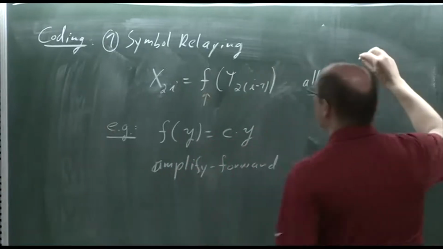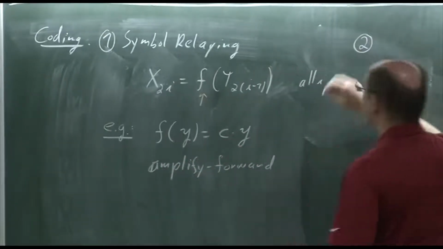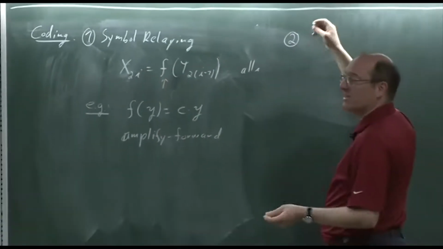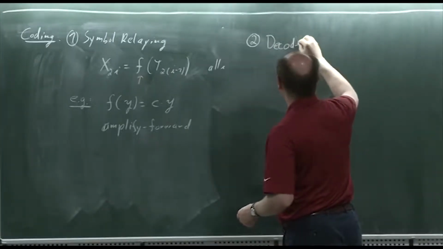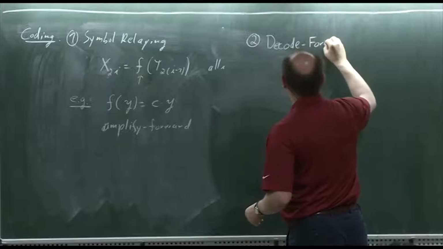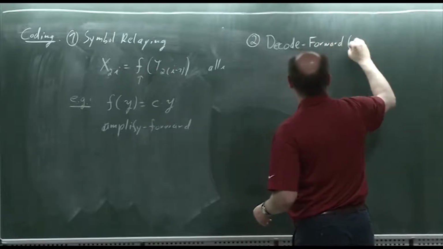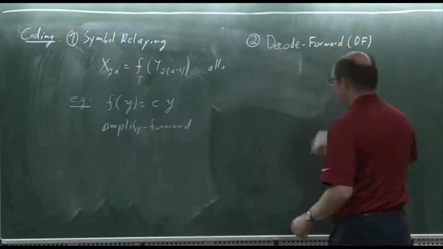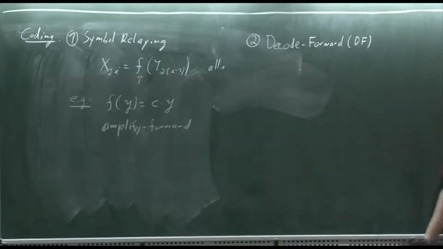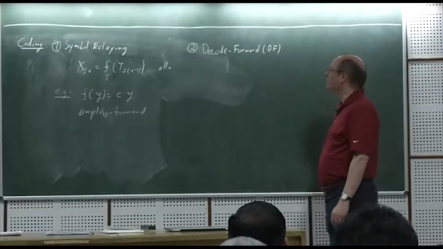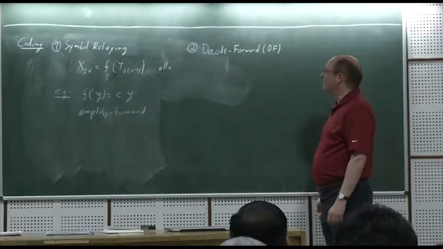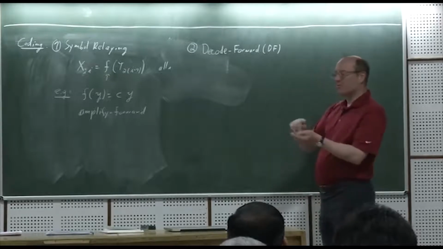Okay, the second strategy that we looked at is effectively like multi-hopping, but it's a sophisticated multi-hopping. It's decode forward, and this method was first developed by El Gamal and Cover. They looked at decode forward and also the compress forward method.